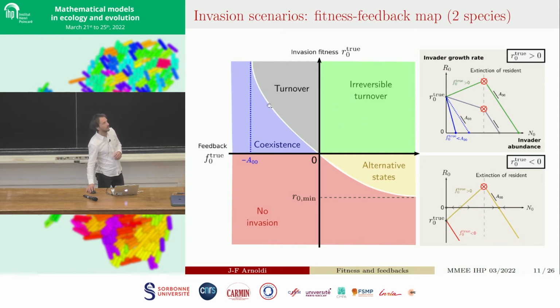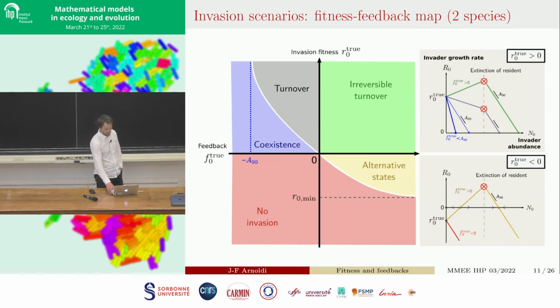In red, the invasion has failed, the fitness is negative. Only in this mutual exclusion or alternative stable state zone does the success of the invasion depend on the initial density. And then up there there's turnover, so replacement of the resident.